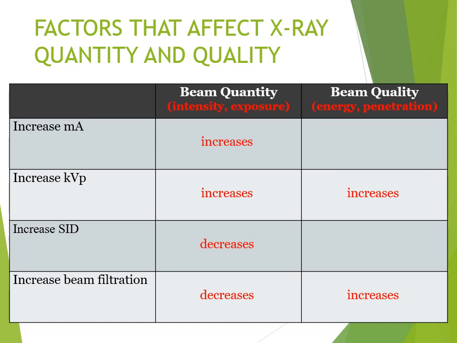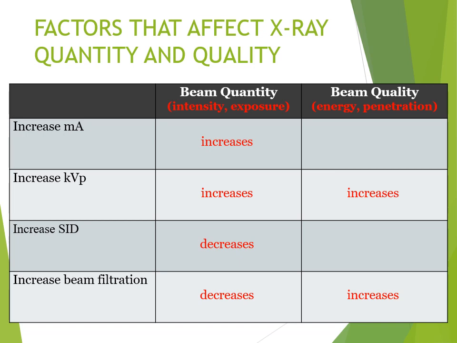Let's take a look at factors that affect X-ray quantity and quality. First, let's review that beam quantity is also known as intensity or exposure, and even the number of X-rays. Beam quality is also known as energy or the penetration of the beam. So an increase in MA will increase intensity or exposure, otherwise known as beam quantity.